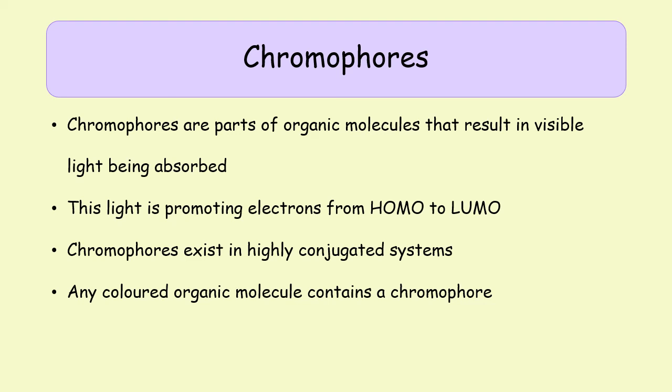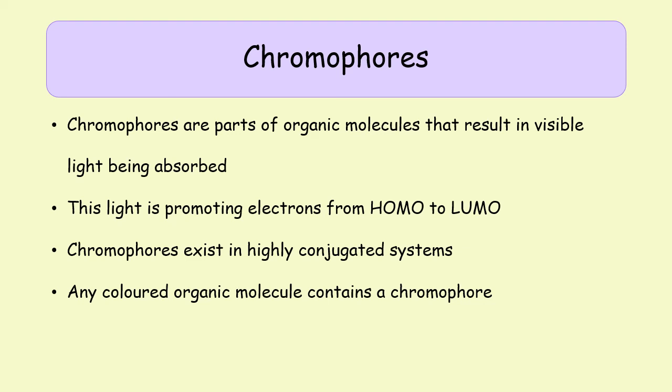If, however, you're asked, why is this compound coloured, you cannot answer with, it contains a chromophore. You need to be able to explain what is meant by a chromophore, and in terms of a chromophore, what we're meaning is a conjugated system, that alternating single double bond repeating, that results in a lower HOMO-LUMO gap, and therefore visible light being absorbed.